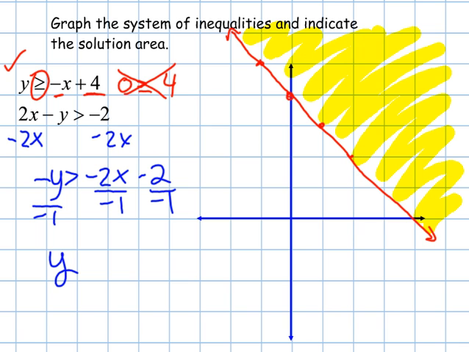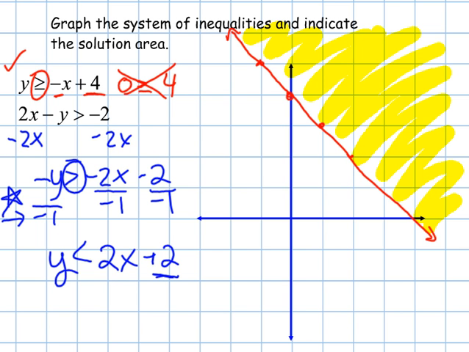However, we remember that anytime you multiply or divide by a negative, you have to flip that sign. So it goes from being greater than to being less than. -2x divided by -1 is a positive 2x, and -2 divided by -1 is positive 2. Now we're in slope-intercept form and we can graph.